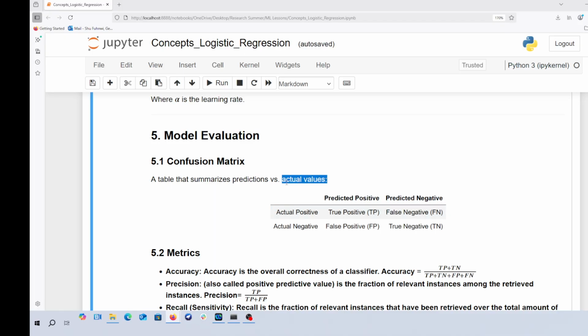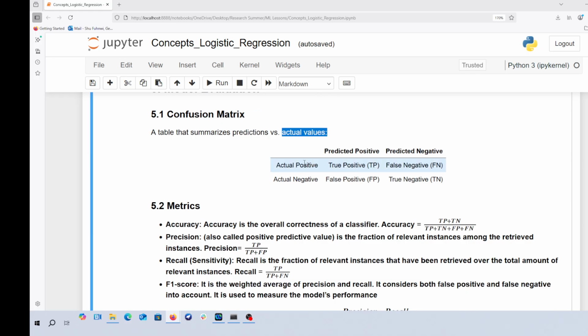The actual values are what we had in the data set initially. What we are trying to do is automate this process rather than allowing humans, because when the data set becomes so large, humans might make a lot of errors in distinguishing whether an email is spam or non-spam. That is why most of the time we want to automate these processes.